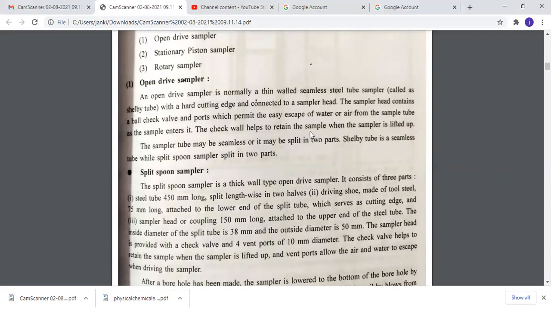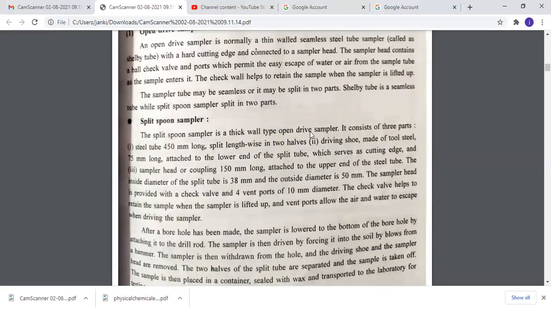The check valve helps to retain the sample when it is lifted up. The Shelby tube is a seamless tube, while the split spoon sampler splits into two parts.